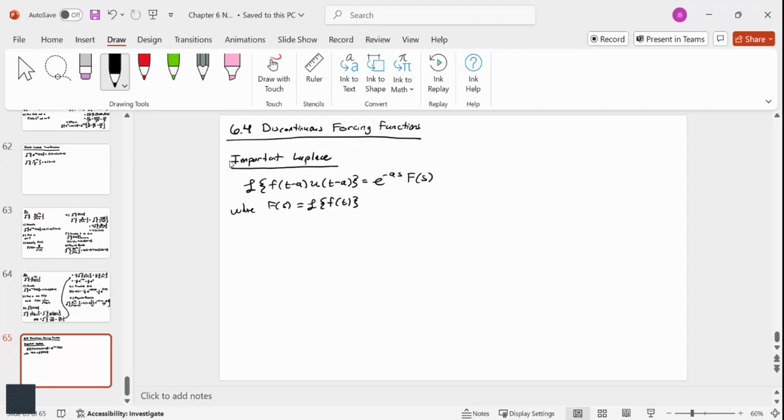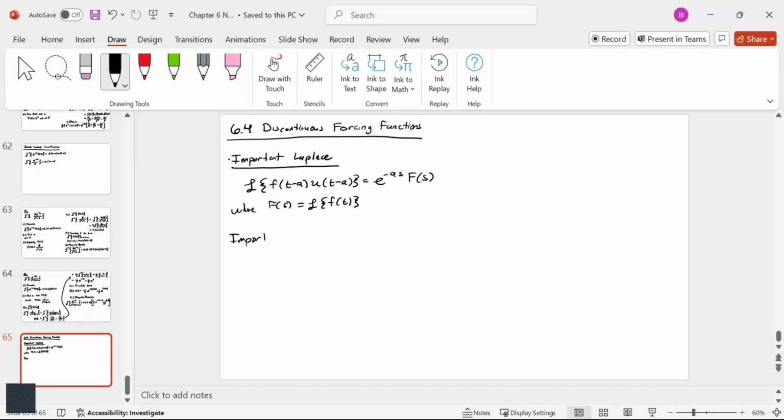And then some other things that we want to remember, right? Just an important formula. And that is how do we convert something into a step function, right?